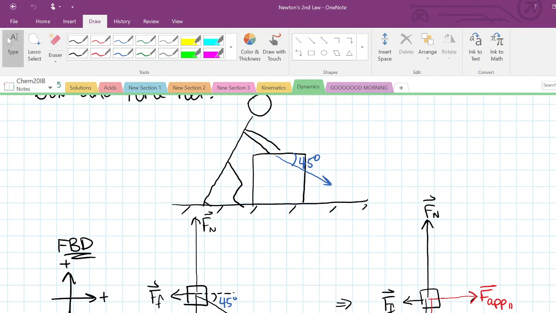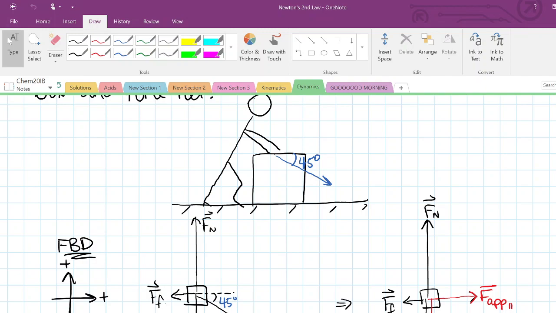And what I've drawn here, and this is kind of a web that I like you to do, shows you specifically what all the forces are that are pulling together. What I've done here is I'm showing that I have a force applied in the parallel direction, parallel to the surface, and a force applied in the perpendicular direction, perpendicular to the surface.